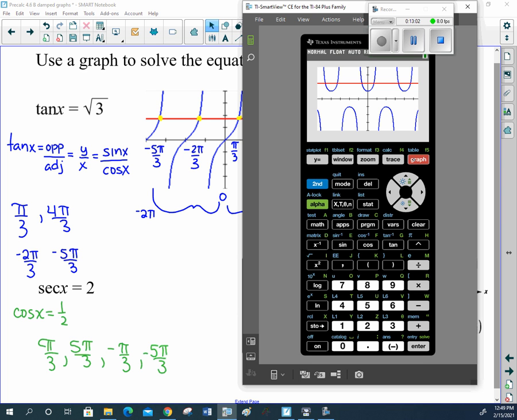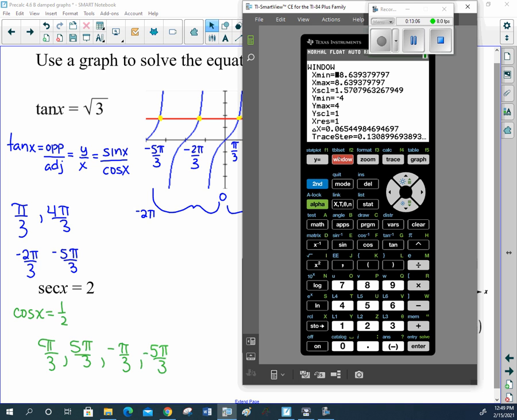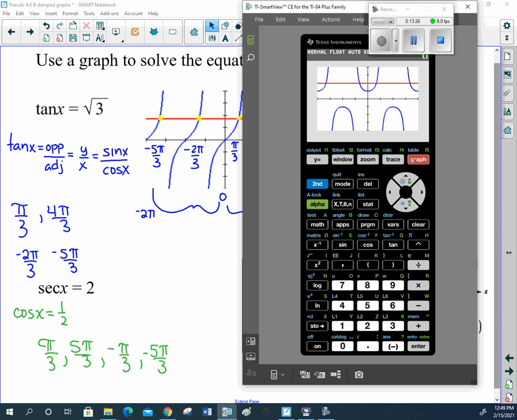And let's see what my window looks like. Okay, so I'm further out than negative 2 pi, so I'm going to change this to negative 2 pi. And I'm going to go to positive 2 pi. Now let's hit graph again.